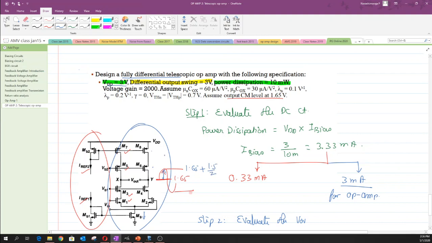Similarly one could write the expression of this VO minimum as 1.65 minus 1.5 divided by 2. So we are dividing this total swing of 1.5 into two halves, and then they are being added onto the base of 1.65 in order to get the value of VO max as well as VO minimum. Hope that it is clear from here, and we'll just try to write down these values right now. So this value turns out to be equal to, I don't have the calculator.